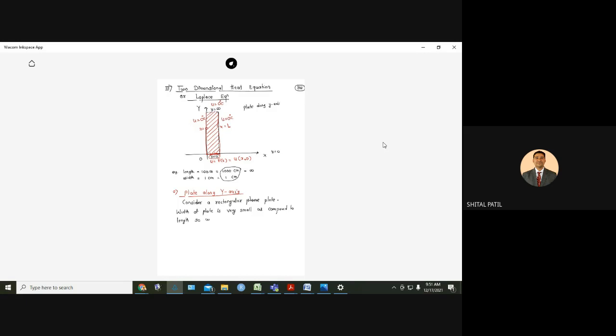So we can consider the length of the plate as infinite without introducing any error. This is an assumption again.